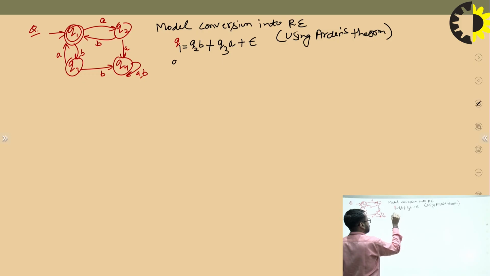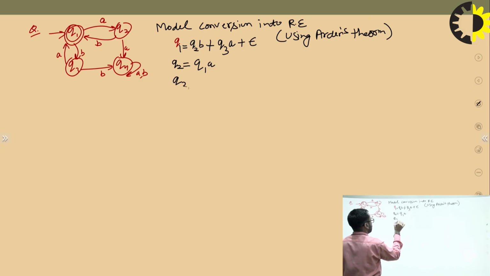Same for Q2, we achieve the value of the Q2 state only from Q1, using Q1A, so we write down Q1A.